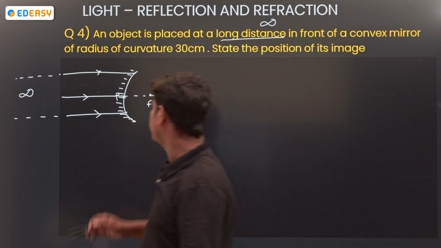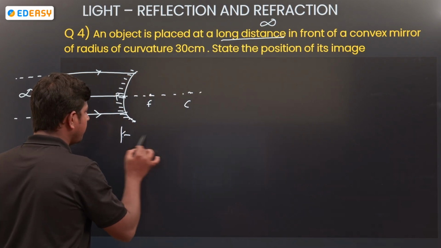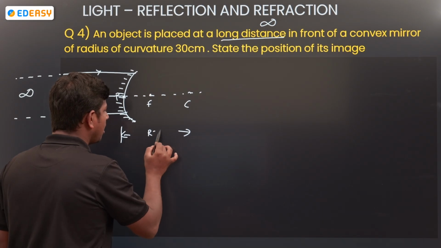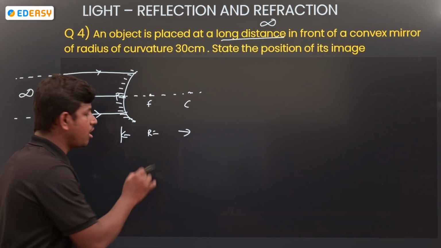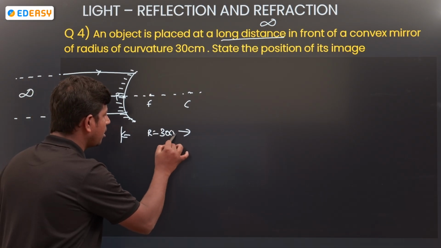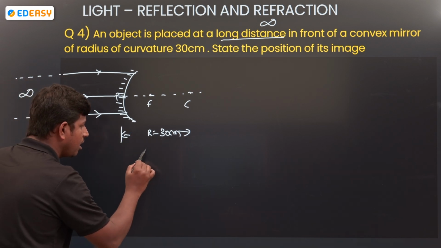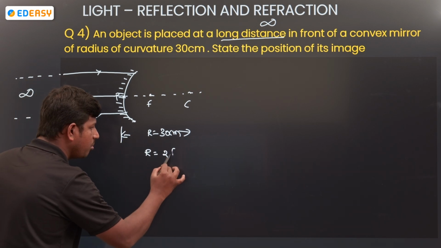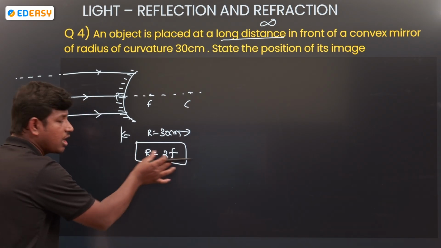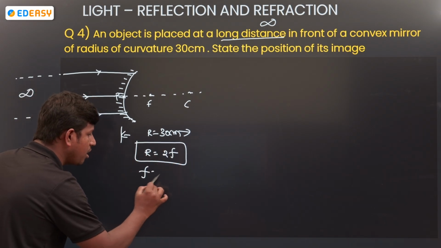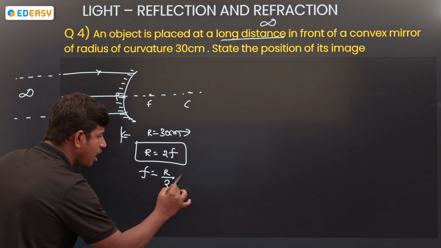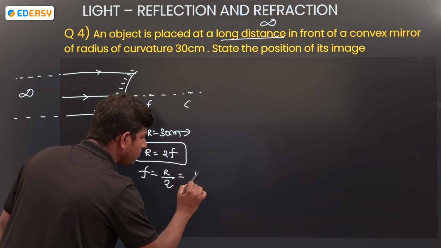Radius of curvature is given: R is equal to 30 centimeter. From the radius of curvature, R is equal to 2f. If you want to get the value of f, then f is R by 2, so f is 15 centimeter.